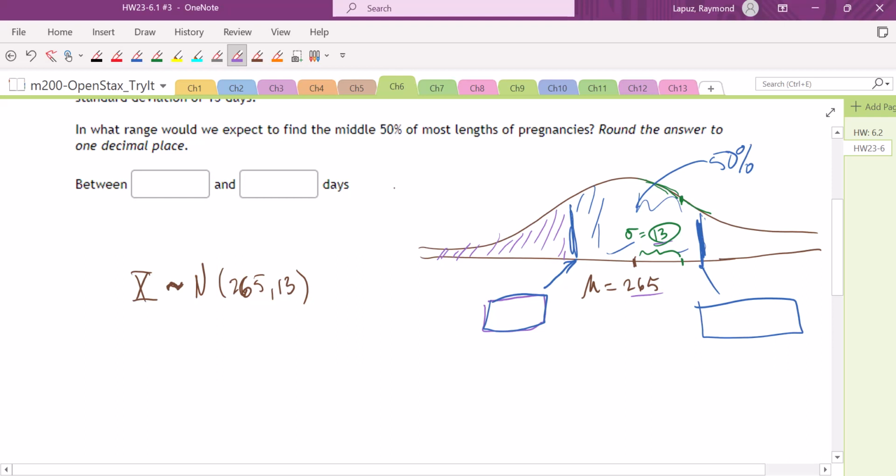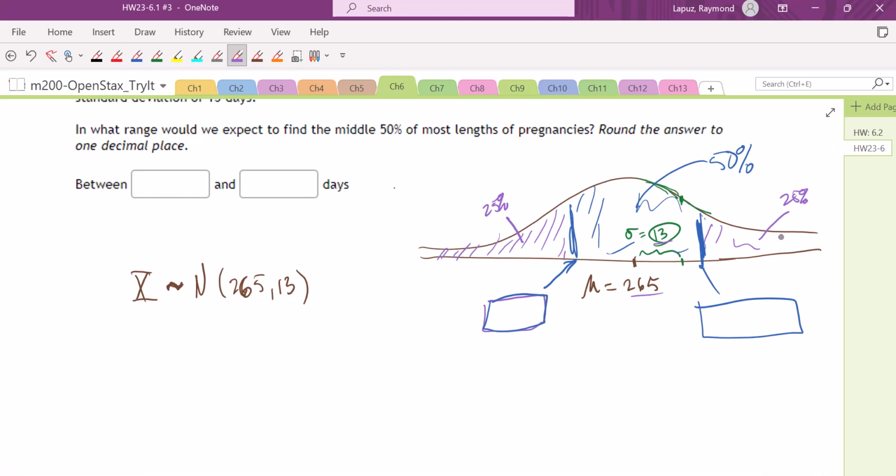We know this is 25%, the middle is 50%, and this is another 25%. There's a calculator way of doing an inverse norm, but we're going to use Google Sheets.